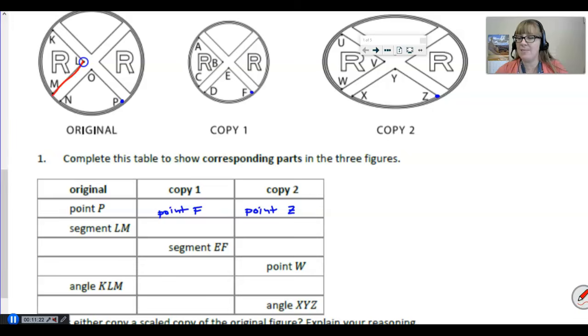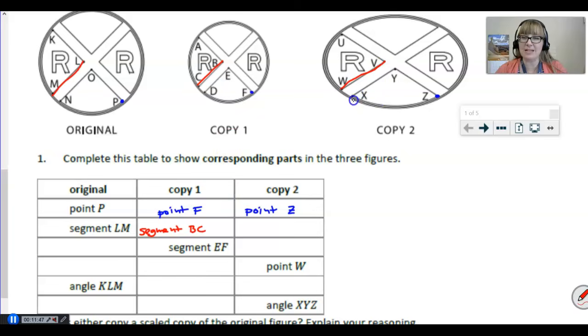Here is segment LM. Where do I see that same piece of information in the other copies? We can see it's right here, only it's not called segment LM anymore, it's called segment BC. And in copy 2, it's the same segment here, but it's no longer called LM, it's called segment VW.